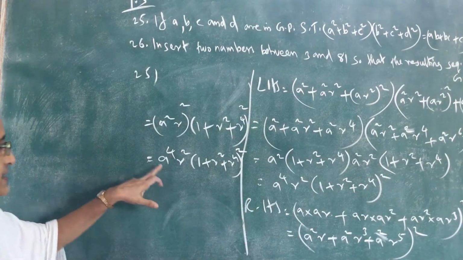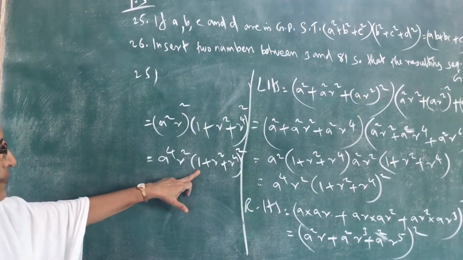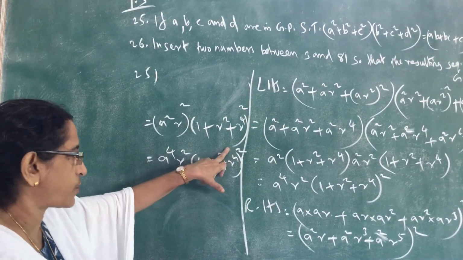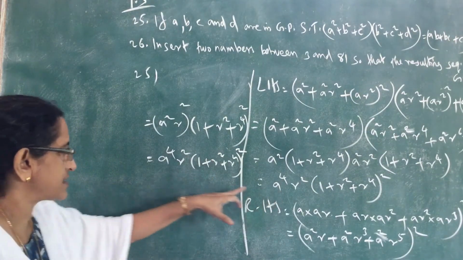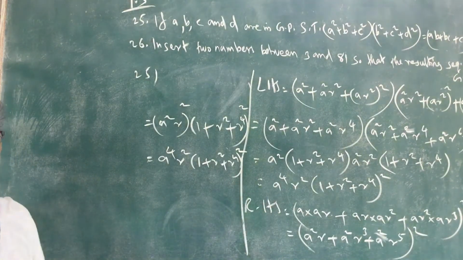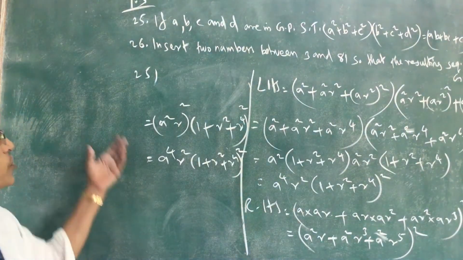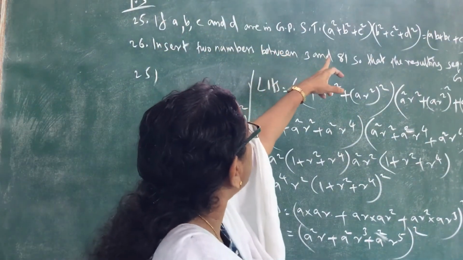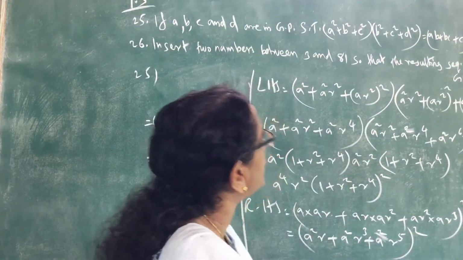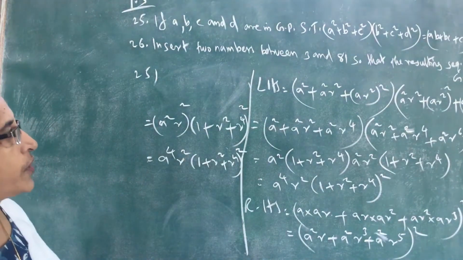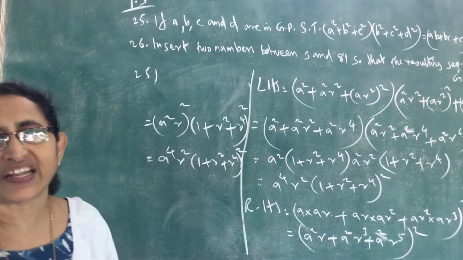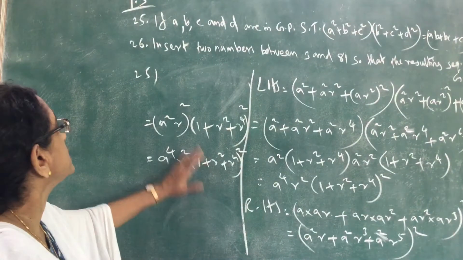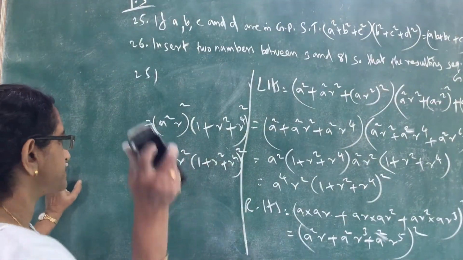So we got LHS and RHS both the same. So we proved that if A, B, C, D are in GP, then A square plus B square plus C square into B square plus C square plus D square equal to AB plus BC plus CD whole square. Then now question number 26.